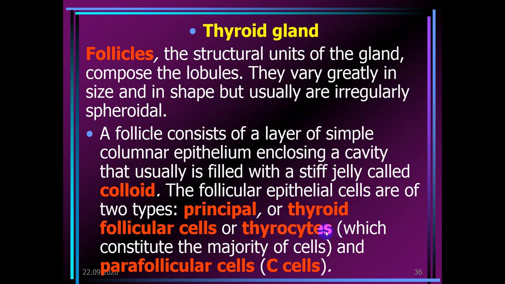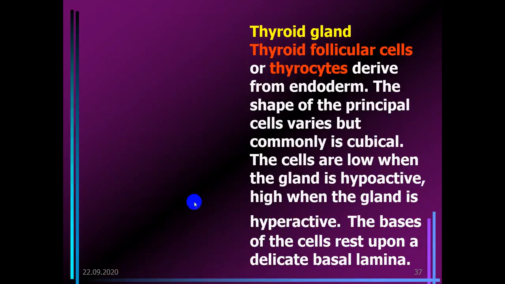This name today is widely used. Thyrocytes constitute the majority of cells in the wall of the follicle, and between thyrocytes are dispersed single parafollicular cells or C cells.